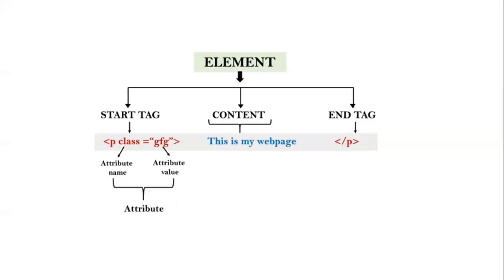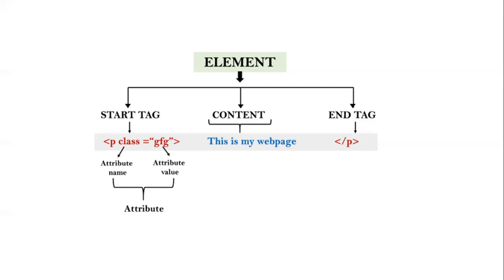An element is nothing but a starting tag and an ending tag, and in between them there is the content of the web page. Inside the start tag, we write the attributes. Attributes are always contained inside the starting tag.